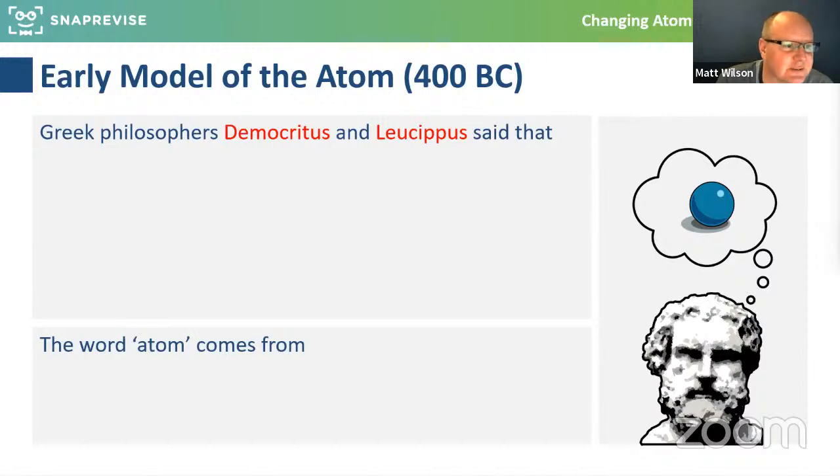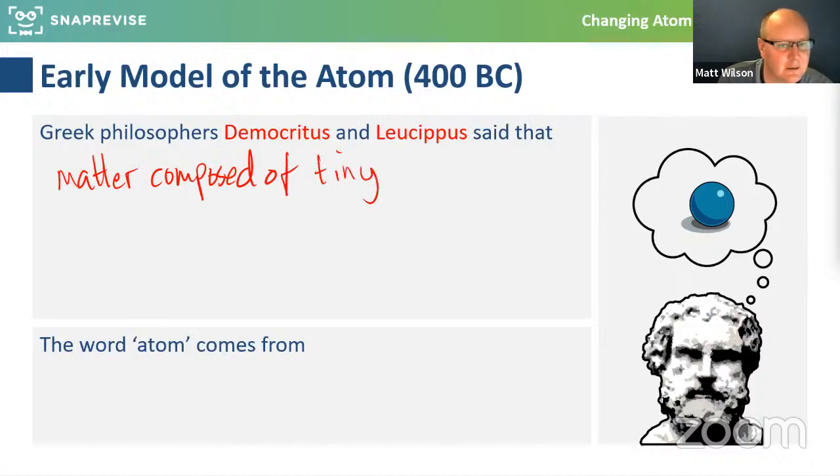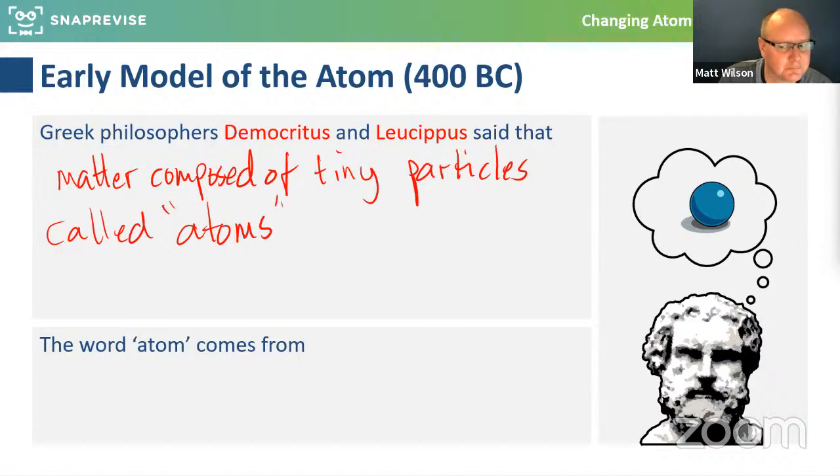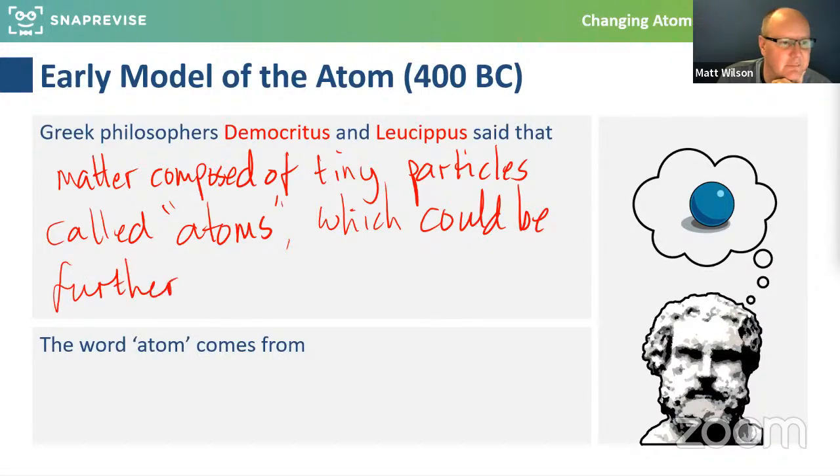So both these philosophers stated that matter was composed of tiny particles which they called atoms, which could not be further divided.